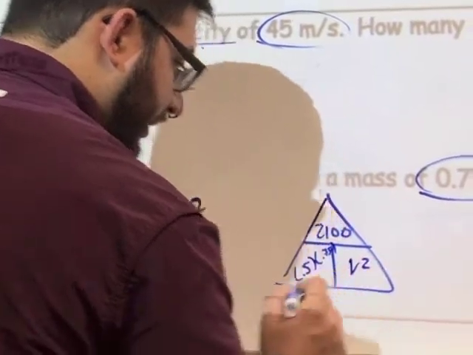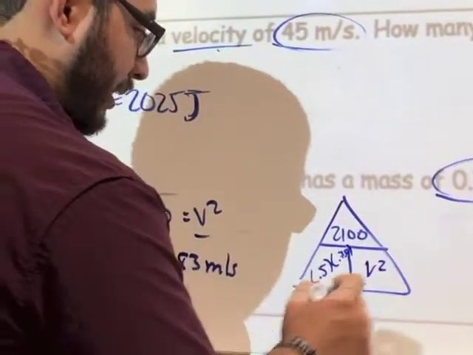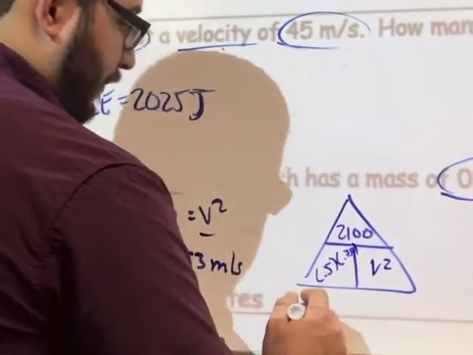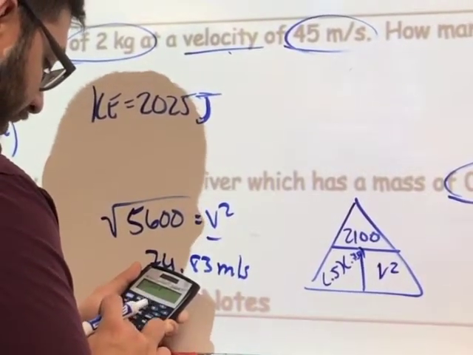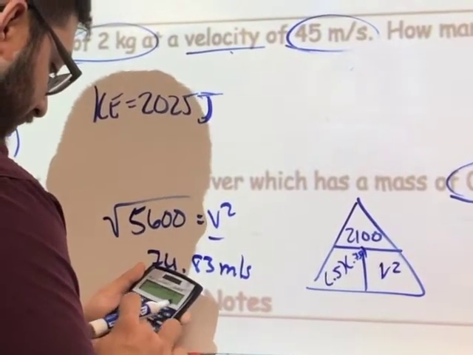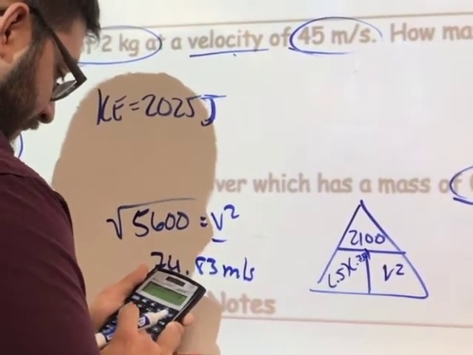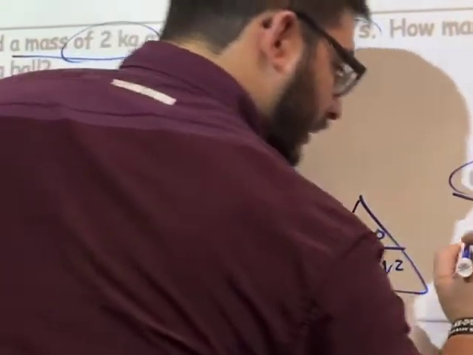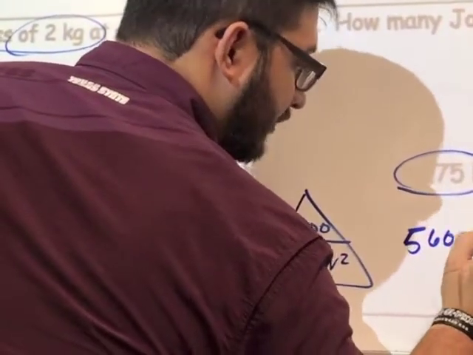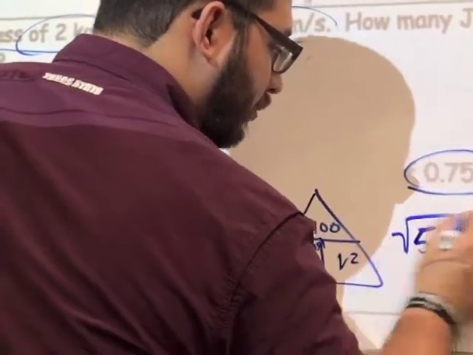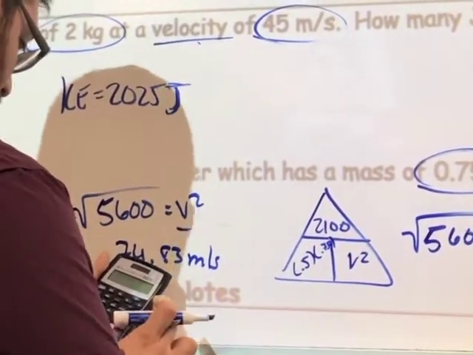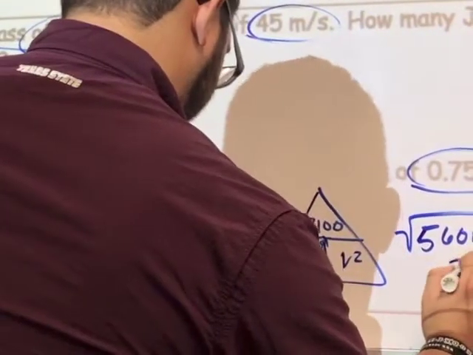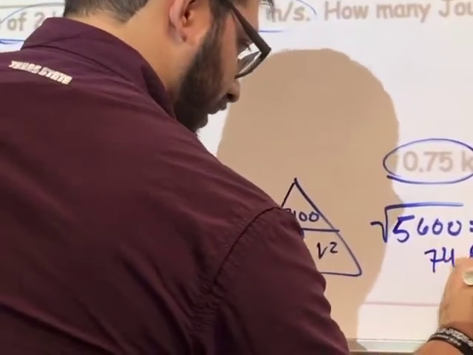We don't know what v squared is, so it's going to be 2100 divided by 0.5 times 0.75. We get 5600, and that still equals v squared. When we square root this, we'll get the same number as before, hopefully. Square root our answer, and we have 74.83 meters per second. And that's it.